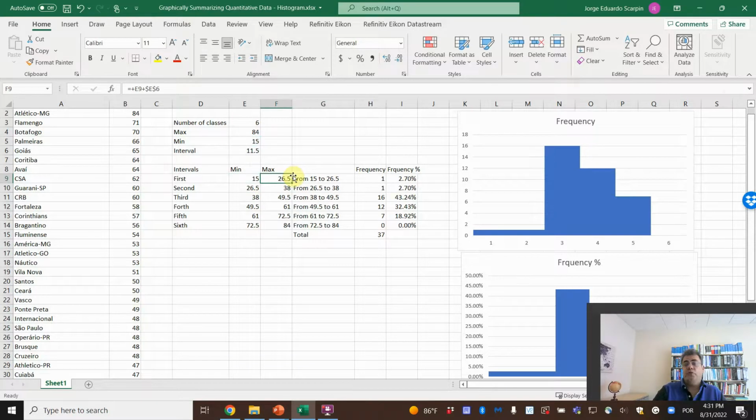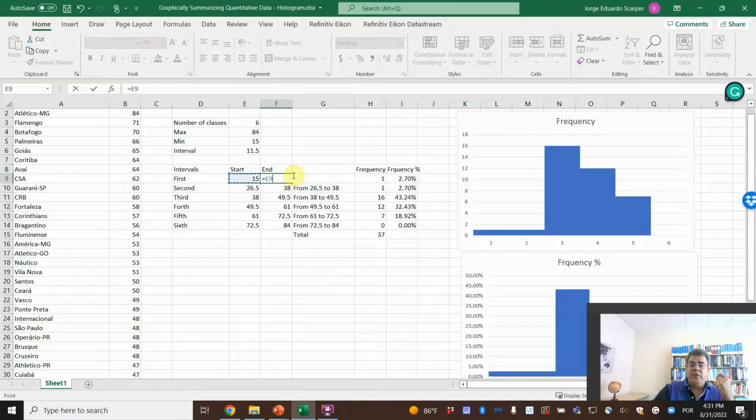This is the starting point, and then where it ends. Start and end, better, good.